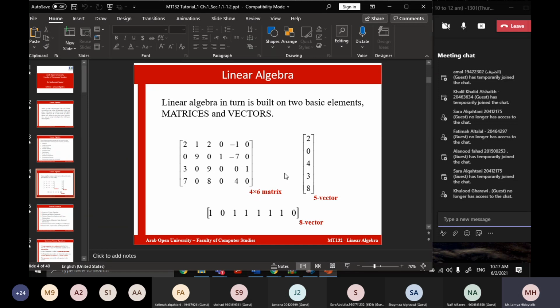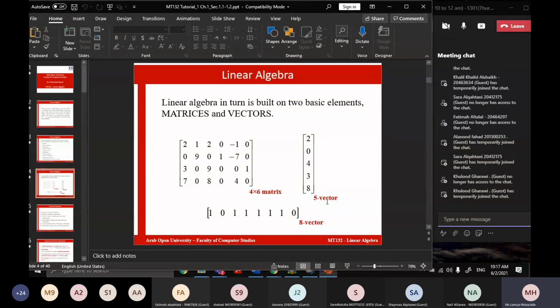If your matrix is one column or one row, in this case we call it a vector. So a vector is a special case of a matrix with only one column or one row. Moreover, depending on the number of rows and columns, we have the size or the dimension of the matrix.